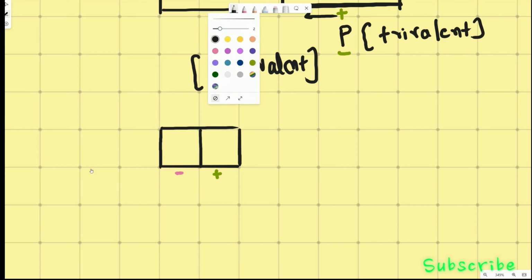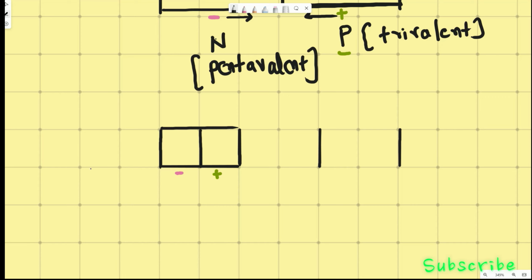I'm just redrawing. I just drew the smaller component so that you can understand what's happening. This is what will happen. You will see a formation of this. A band will appear. Obviously this is not visible to the eyes, but this is what happens.